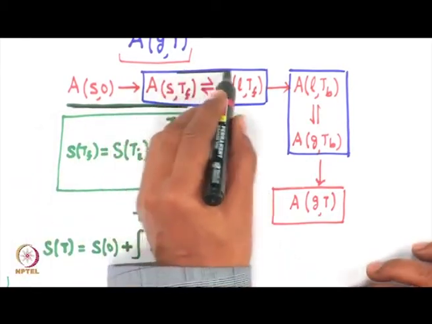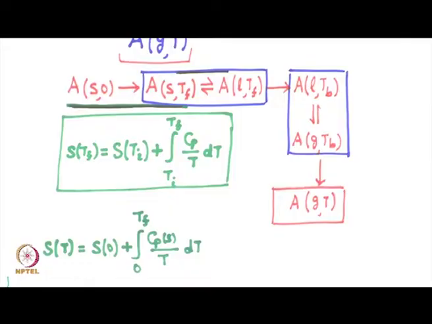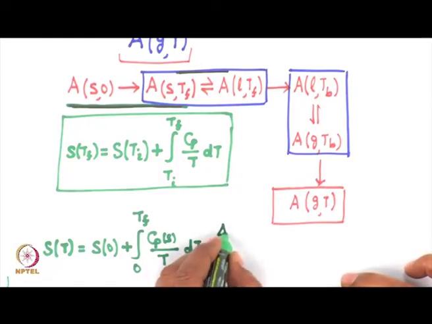Now, I need to consider this step, phase transition, and we already know that the entropy of phase transition is delta fusion H divided by freezing point.